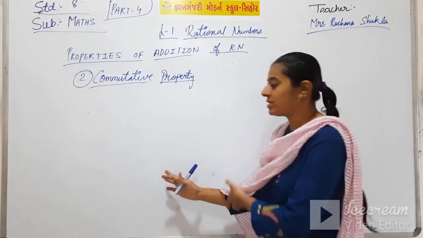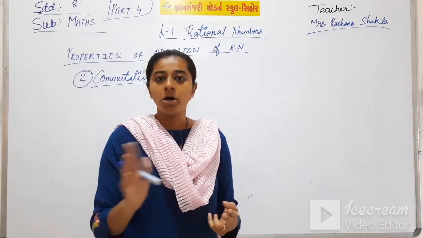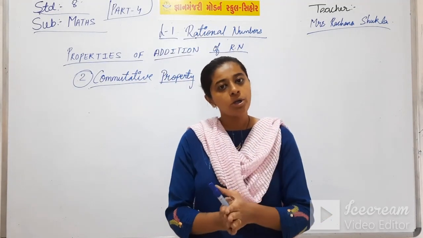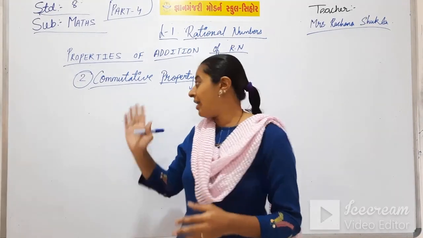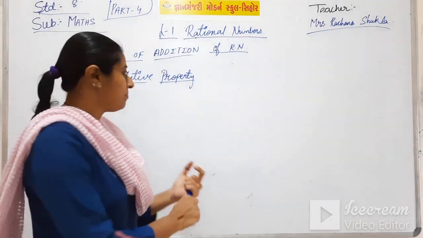I will explain once again. When you add two rational numbers, the order does not matter. Either you add A plus B or you add B plus A, your result will be the same. I will show you by writing it on the board with a suitable example.